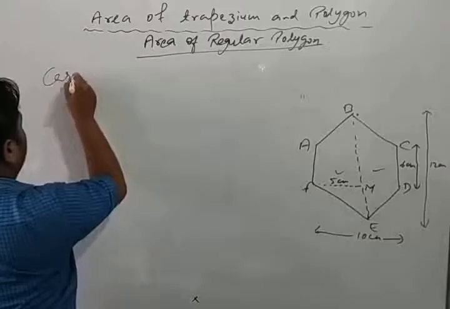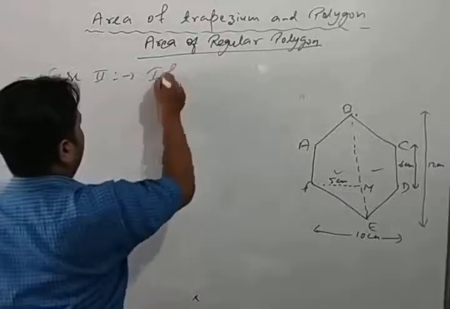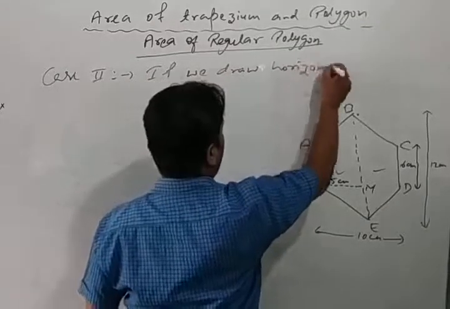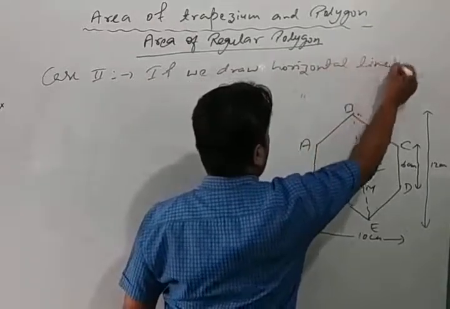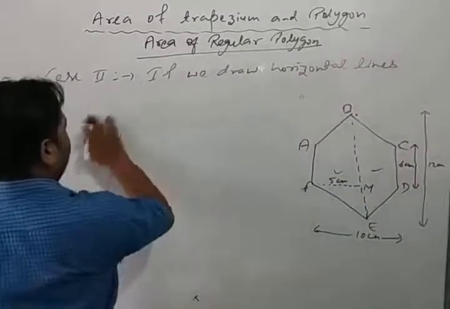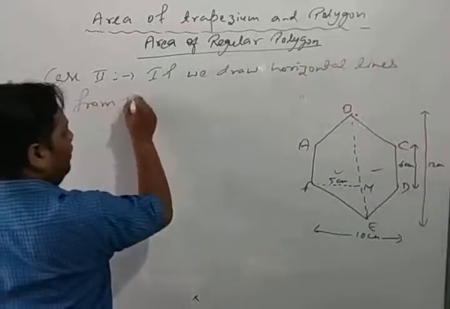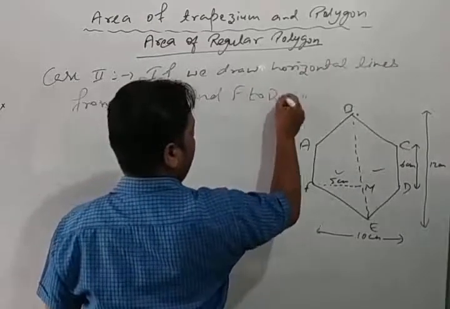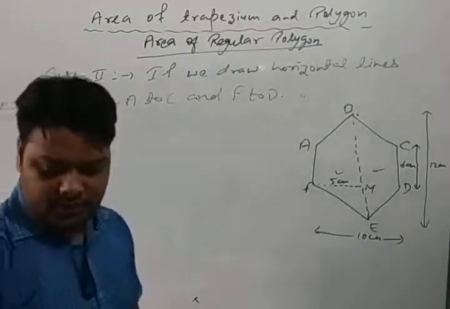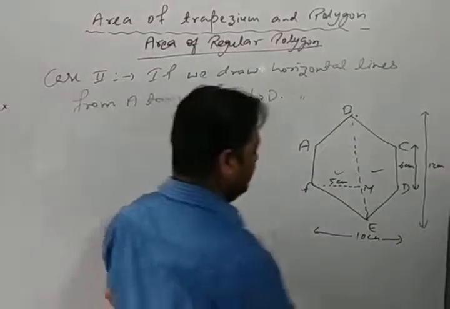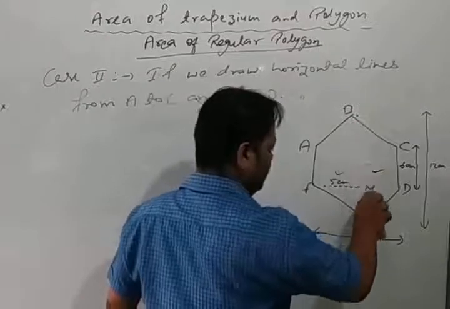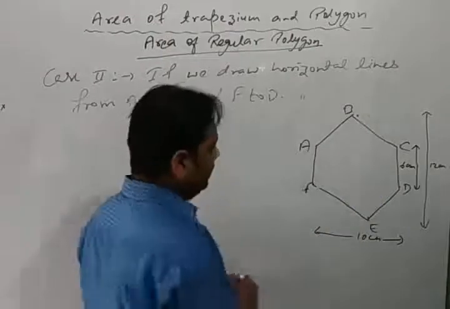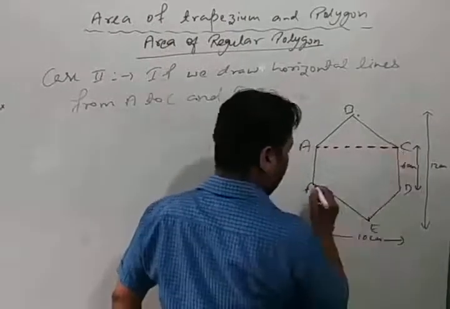Now in case 2, if we draw horizontal lines from A to C and F to D. Okay, so let's see, if we draw like this, not a vertical line, we will draw a horizontal line in this way, then A to C and F to D.